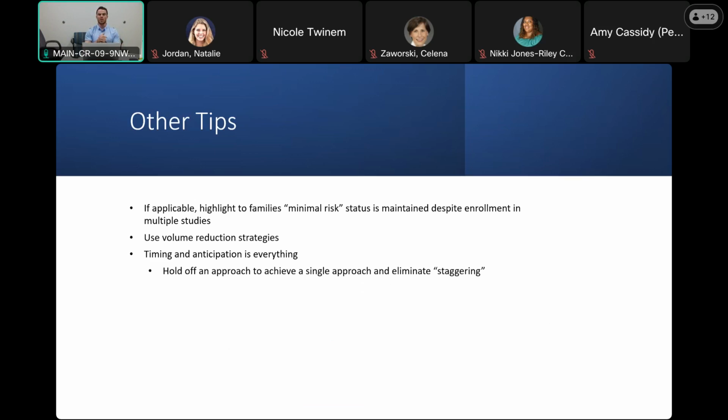And we have a general rule of thumb that at the end of the approach, whether the parent said yes or no, we ask if it's okay that we continue to approach them if their son or daughter becomes eligible for more studies in the future. Once we get that information, we'll pass it along if there's an external team that wants to approach. That way they know what they're walking into if the parents are okay with being approached, or if they shouldn't approach because the parents kindly asked not to be approached for any research during this hospital stay.